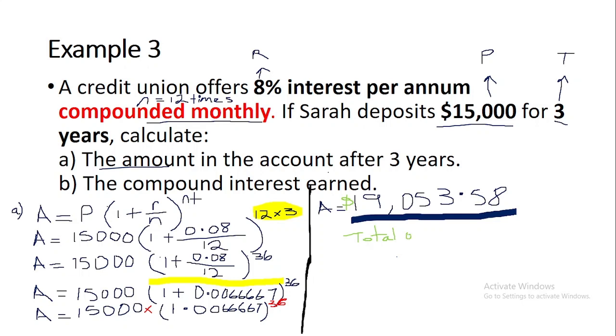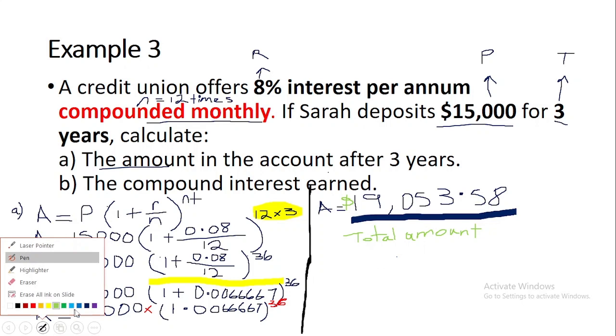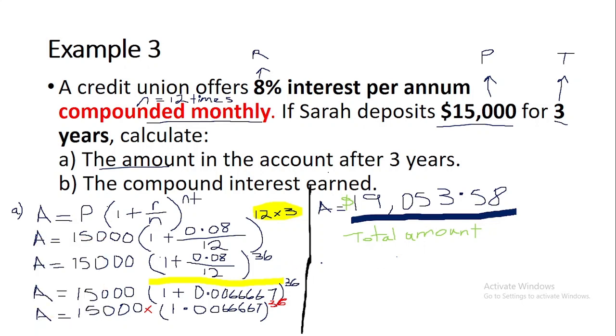Alright, and now that we know what the total amount is, we're gonna find our compound interest using the same formula, which is total amount minus the principal. So let's continue it below right here. We want to find what B is, and we already know what A is.